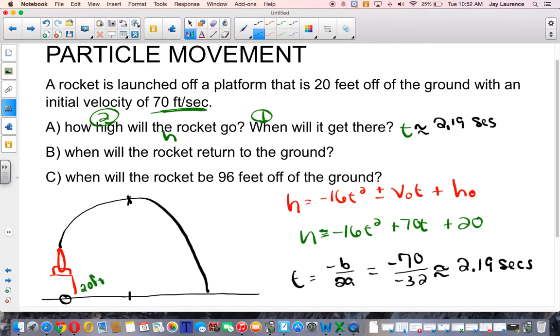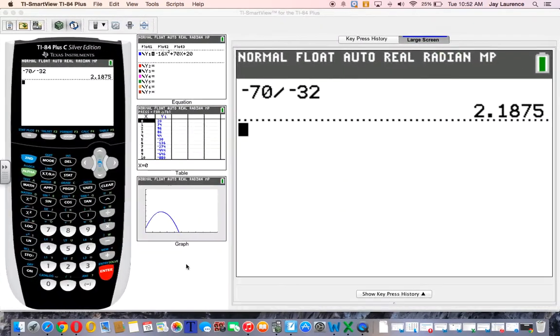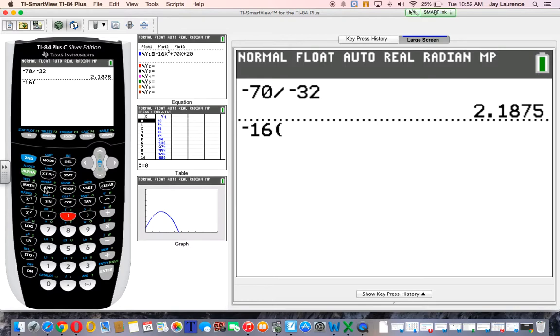Now, to get how high it'll go, I'm going to plug that decimal into this equation. I'm going to have negative 16 times 2.1875 squared.